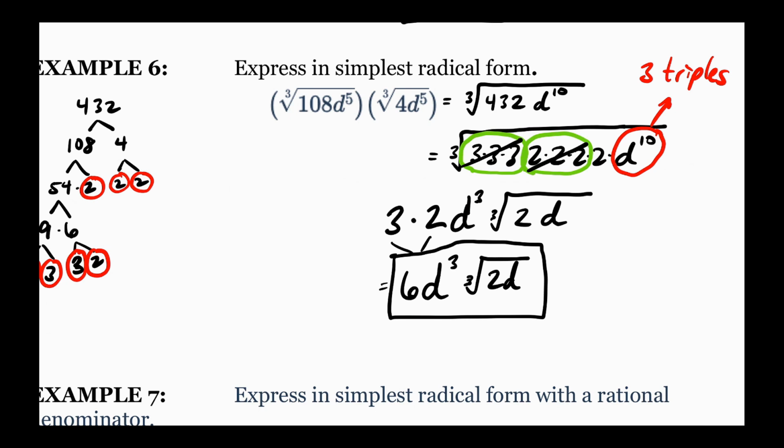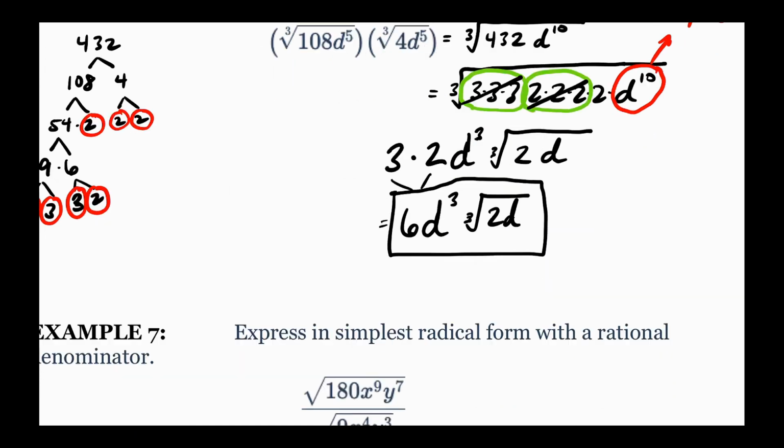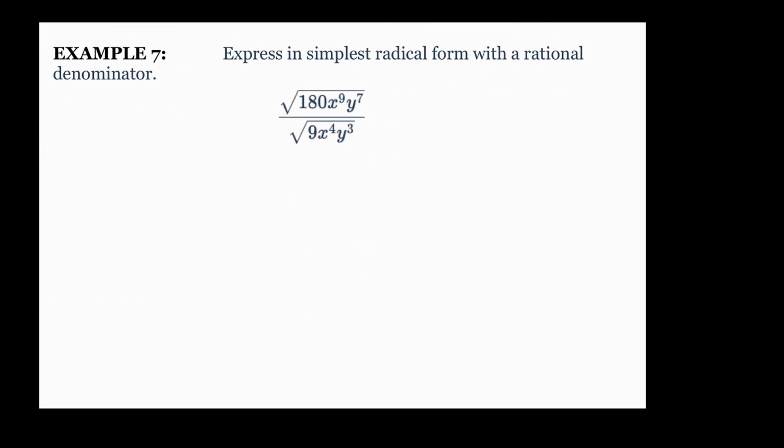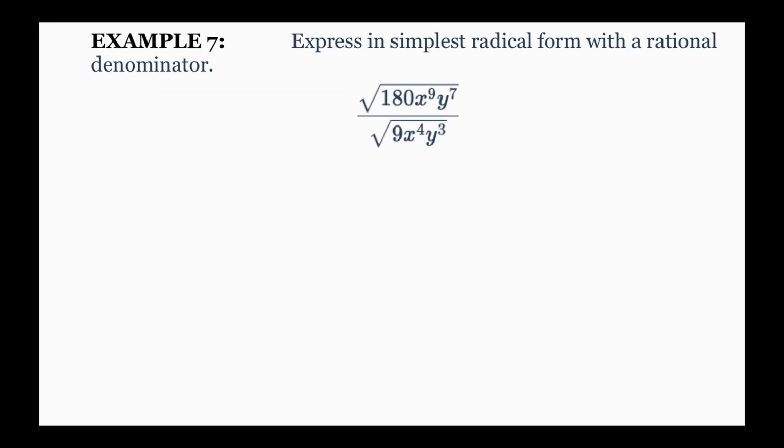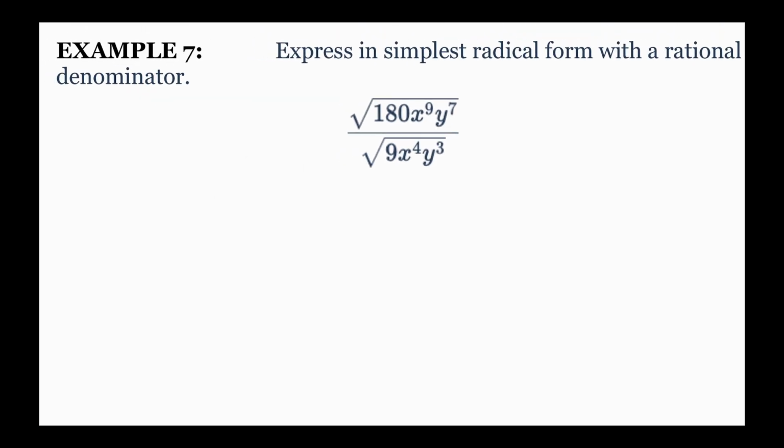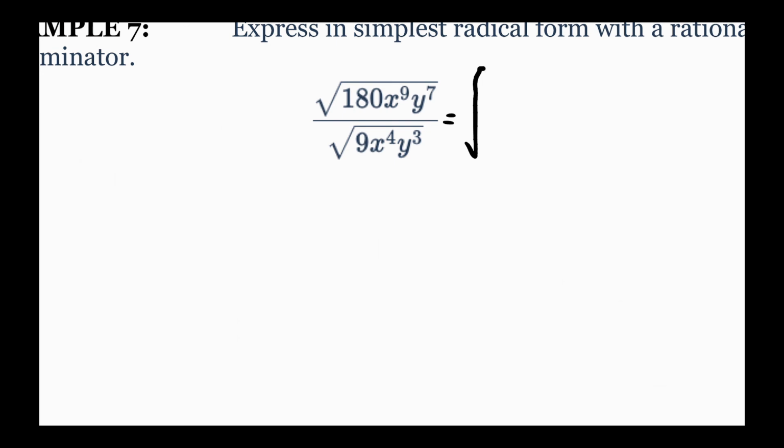Okay, one more in division. Division's just like multiplication. So instead of having two division problems, top divided by bottom, the first thing I'm going to do is put them under the same radical, just like I did with multiplication. Put them together.